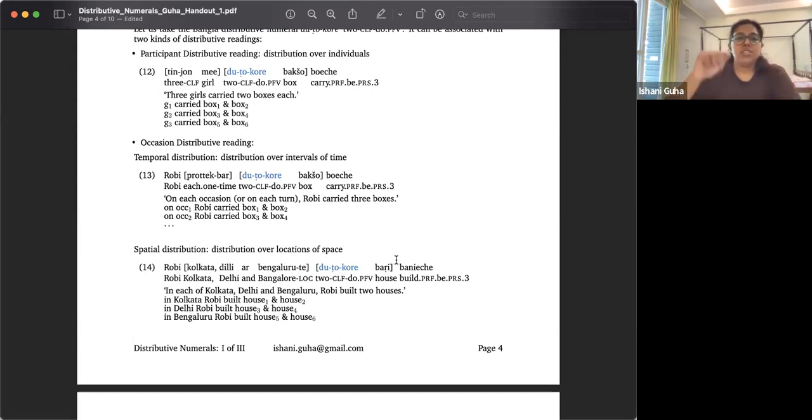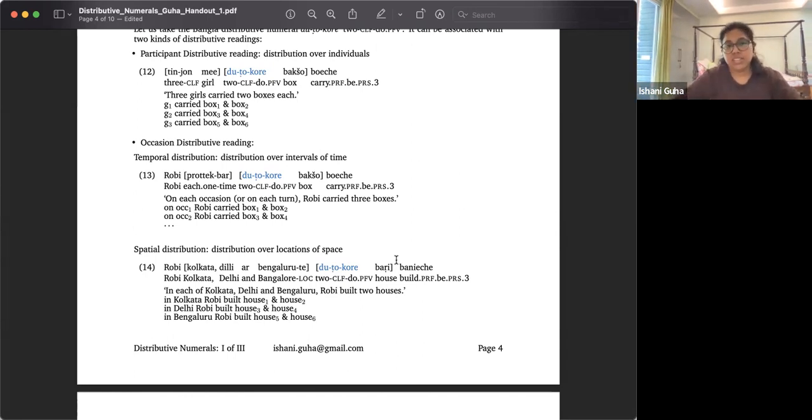So this is what sentence 13 says. So on each occasion, in turn 1, Robi carried box 1 and box 2, two boxes. On turn 2, Robi carried two other boxes. So this is the occasion distributive reading. In this case, distribution over intervals of time.